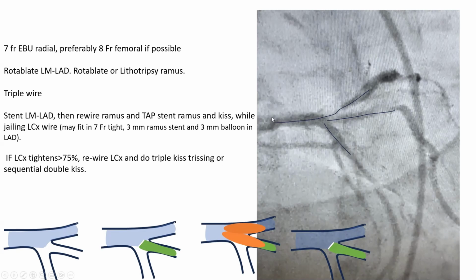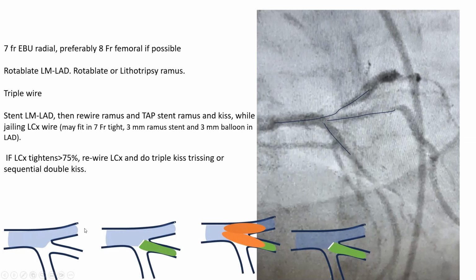Then I would stent the left main from the ostium into the LAD while jailing the other 2 wires. Then I will rewire the ramus and do TAP stent into the ramus, followed by a final kiss while jailing the left circumflex wire, as I show here.